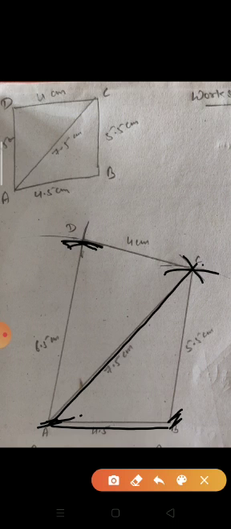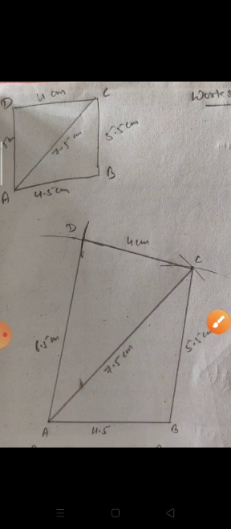CD is equal to 4 cm, so from C we take a measure of 4 cm in the compass and draw an arc. Now we join A to D and D to C. So we can draw the construction of this question. By this method you can construct the question.